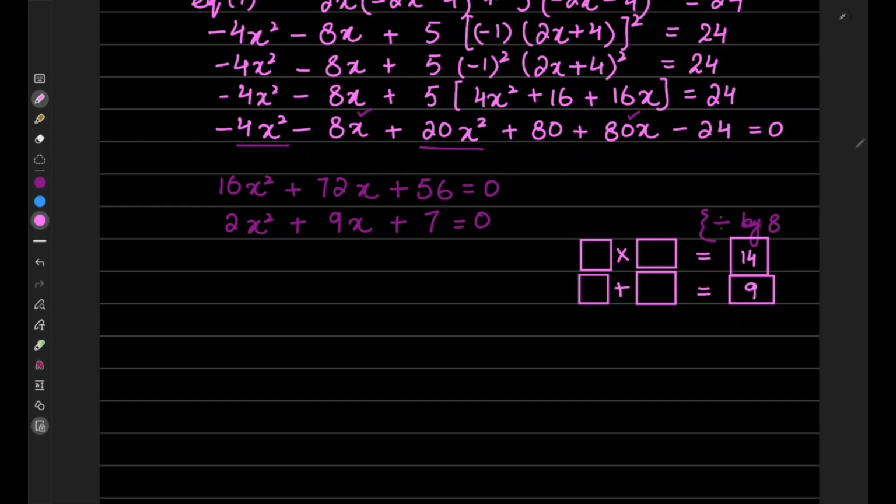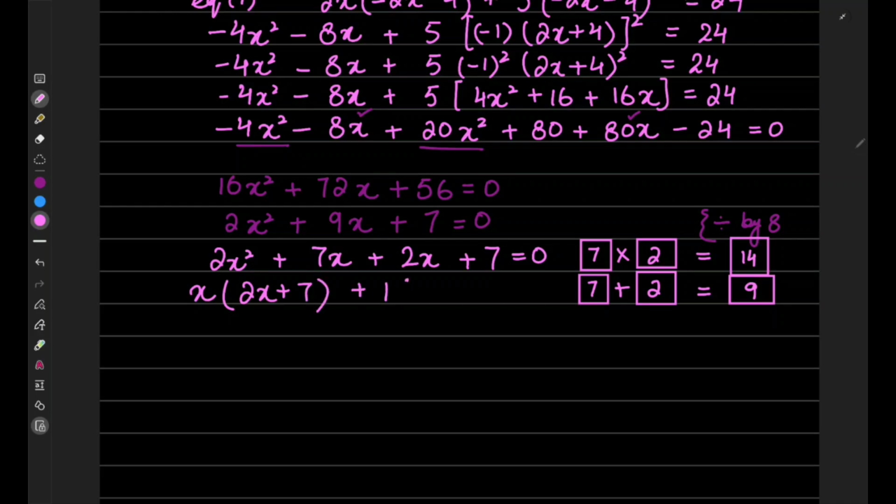These two numbers would be 7 and 2. So 2x² + 7x + 2x + 7 = 0. Now what can we take common? x from here, so x(2x + 7), and plus 1 common here, we are left with 1(2x + 7) = 0.